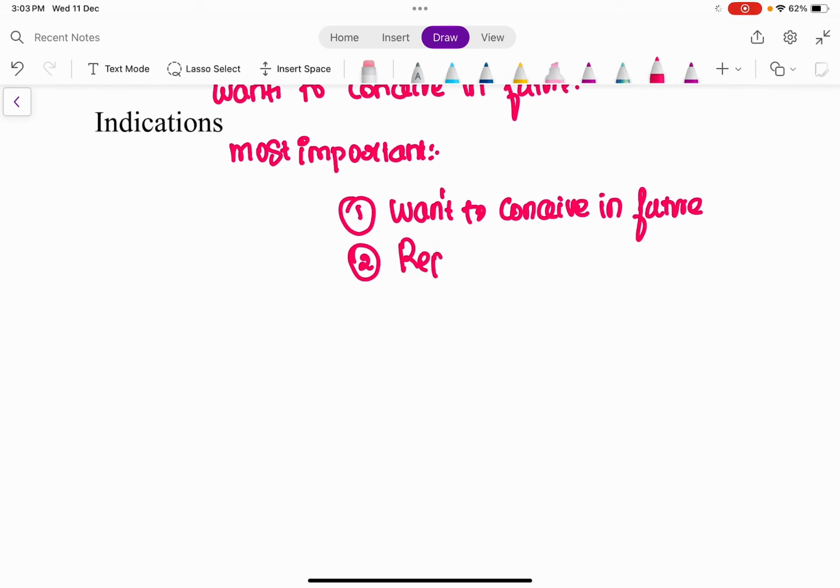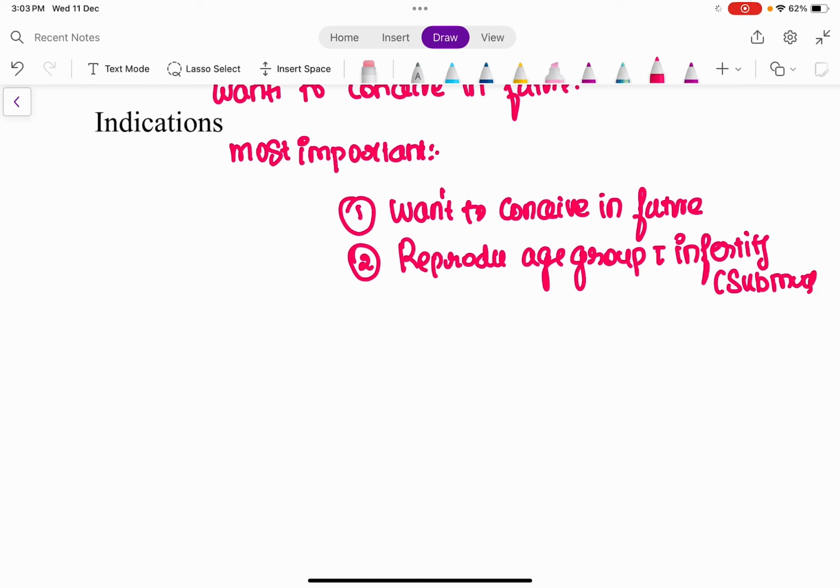And the second would be any reproductive age group female with infertility, where this infertility is due to submucous fibroid. Right? So in all these patients you can consider myomectomy as an option.